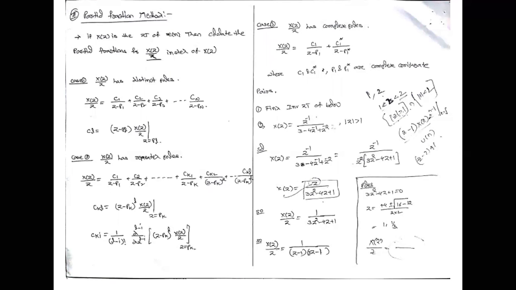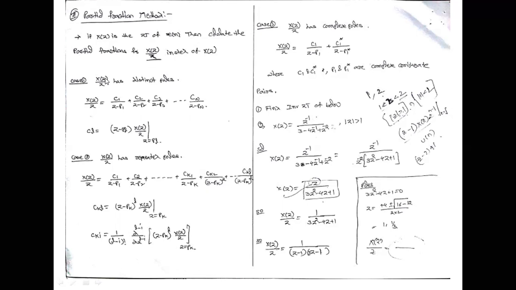We already know how to find the partial fraction expansion for any given function with a quadratic expression, after finding the roots. If x of z is the Z transformation of x of n, then calculate the partial fraction for x of z by z. First of all, write x of z in terms of x of z by z.